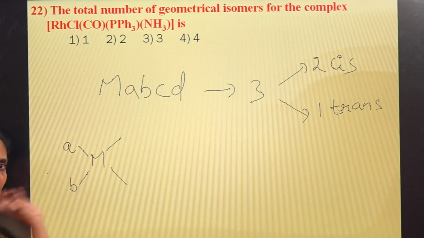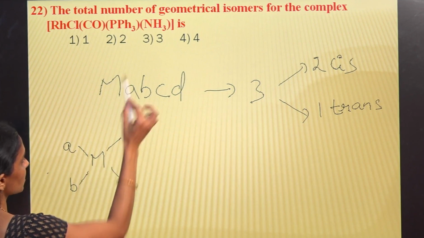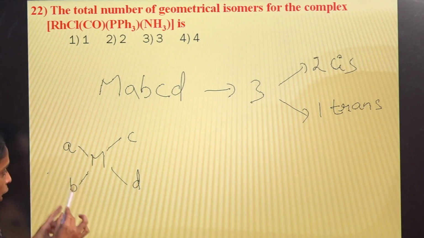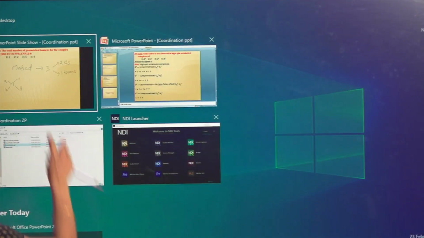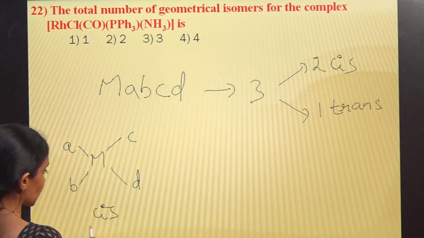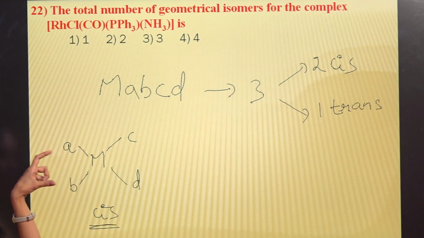So A and B, and then what remains is C and D. This is one form. Because I have assumed that A and B are similar ligands, this is a cis form. If similar ligands are on one side, it's a cis form.